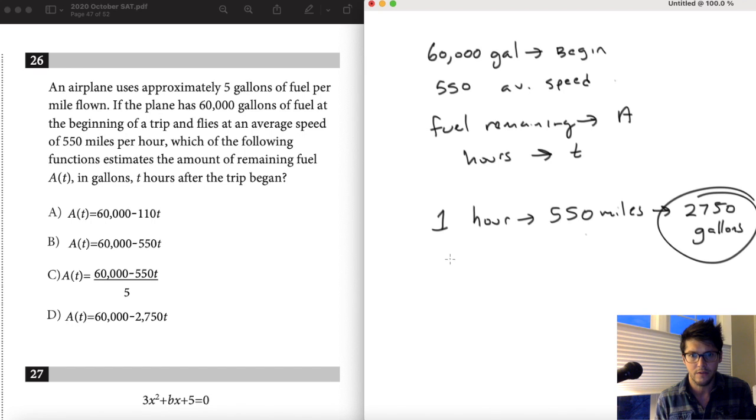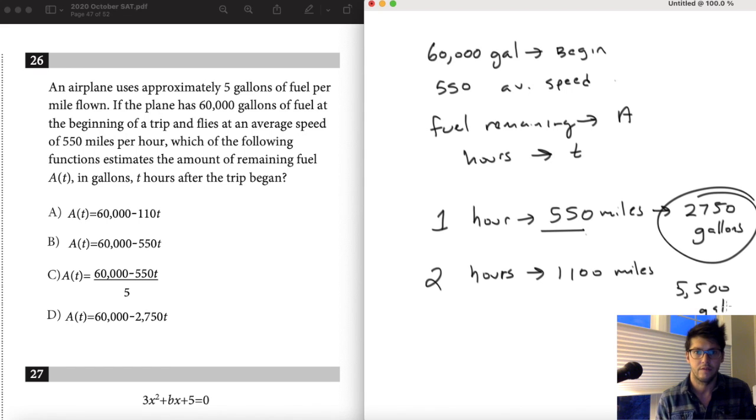I could say 2 hours is what this times 2 is 1,100 miles, which would mean times 5. That's a nice number. 5,500 gallons when we have T equaling 2, or 2,750 when T equals 1. And you would just try these numbers out and solve it if you weren't sure.